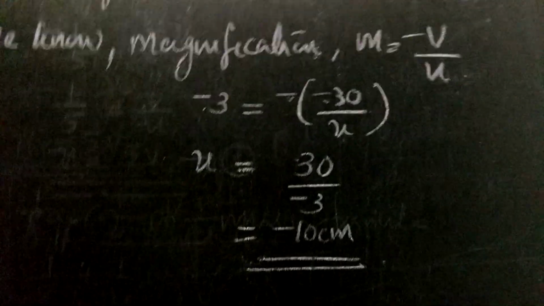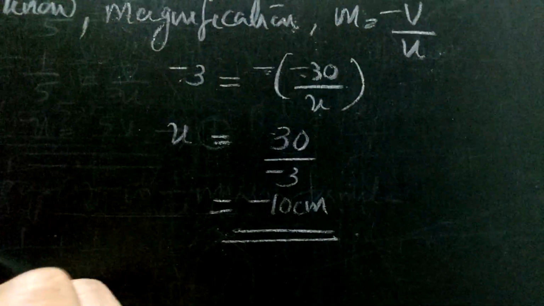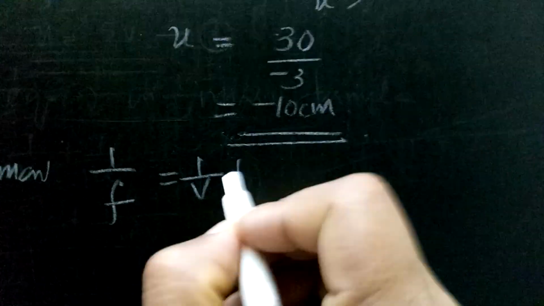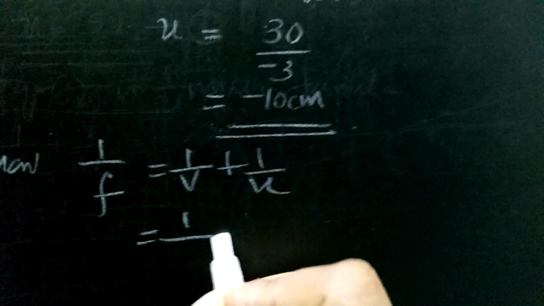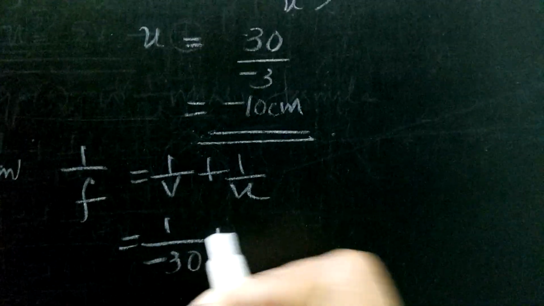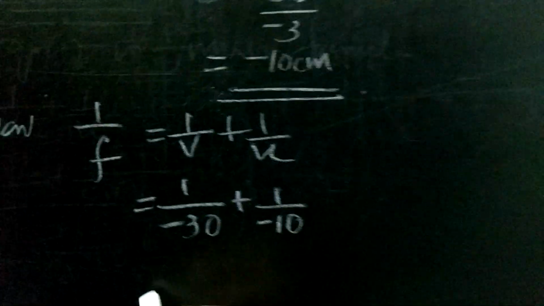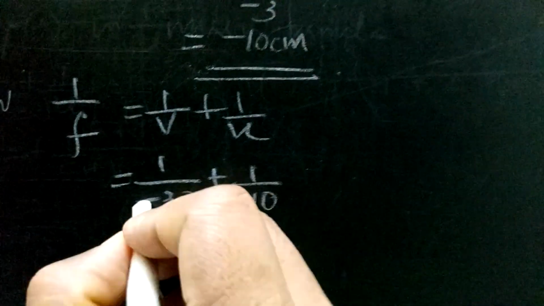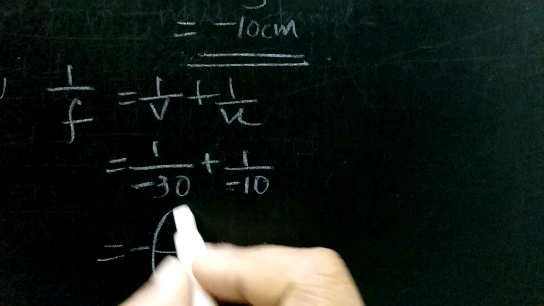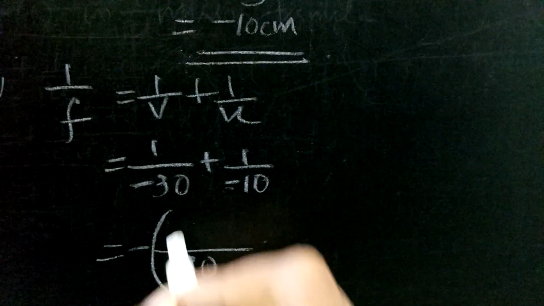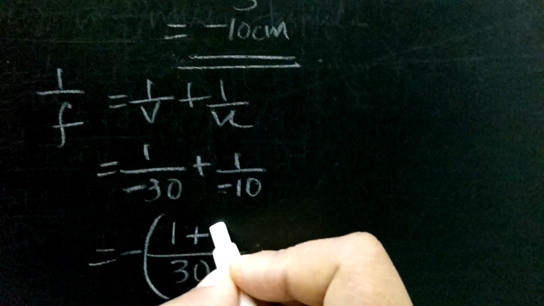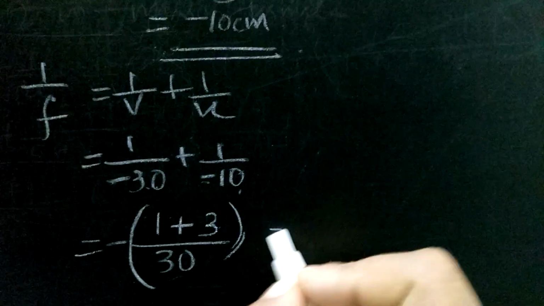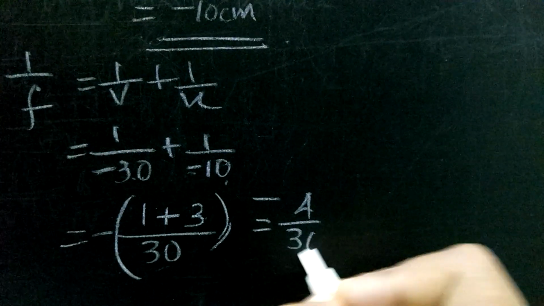Okay, you got it. Then the mirror formula. To find focal length we know 1 by f is equal to 1 by v plus 1 by u. So 1 by negative 30 plus 1 by negative 10. So 30 is the LCM, and negative you should take outside because it is common. Then 1 plus 3, so that is equal to negative 4 by 30.